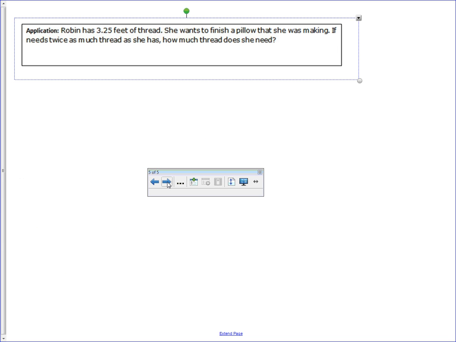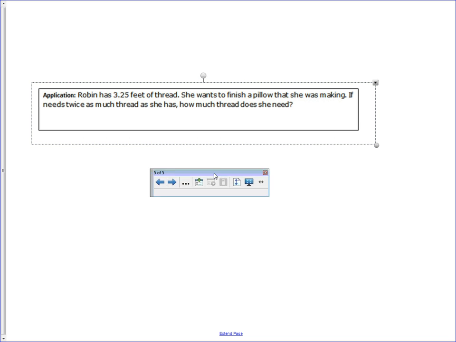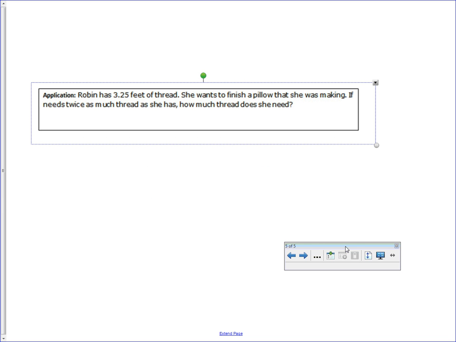Now let's go ahead and apply this skill, because this is where our issues come, in our reading comprehension. Robin has 3.25 feet of thread. She wants to finish a pillow that she is making. If she needs twice as much thread as she has, how much thread does she need? So we're trying to figure out how much thread she needs.